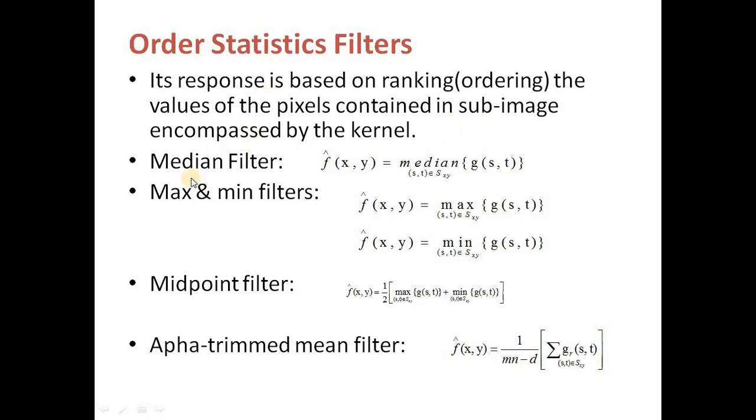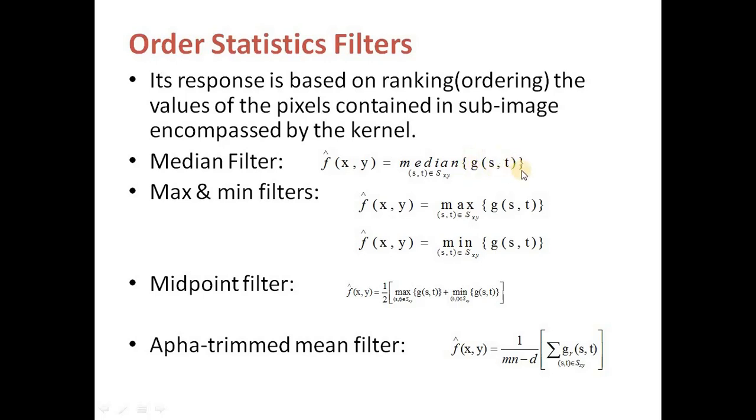intensity value to be assigned at the location x, y. The first kind of order statistics filter is the median filter. It replaces the value of a pixel in the resulting image by the median of all the intensities in the neighborhood of that pixel.